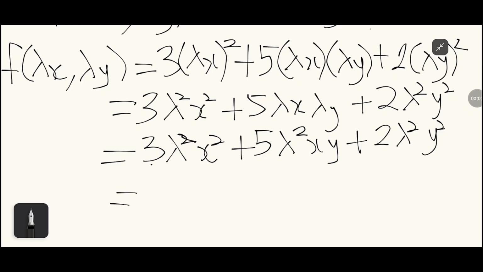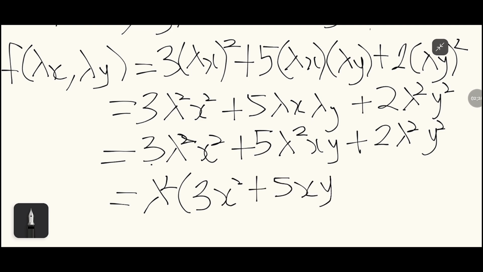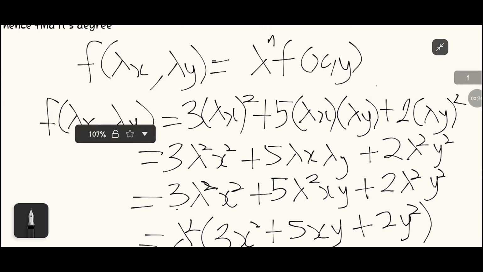So now we are going to factor out lambda square since lambda square is common. So factoring out lambda square, we'll have lambda square into 3x square plus 5xy plus 2y square. So now let's go back to the criteria of a homogeneous function and check.